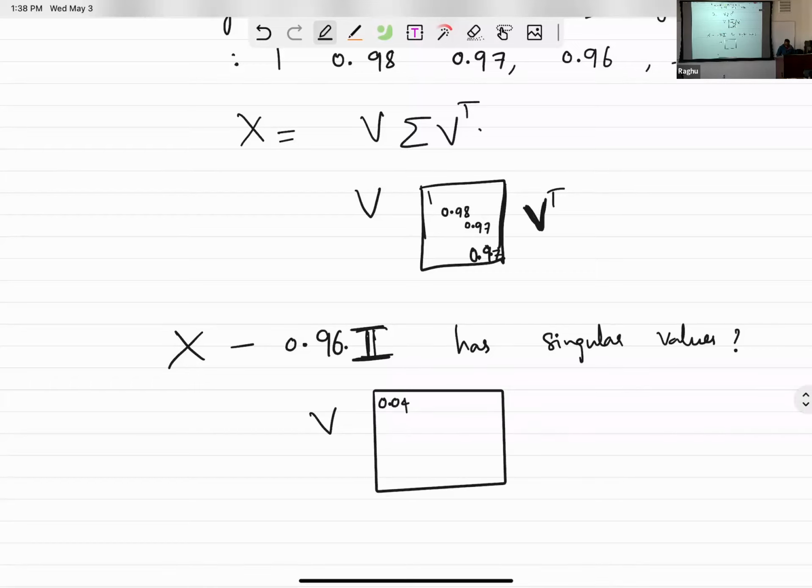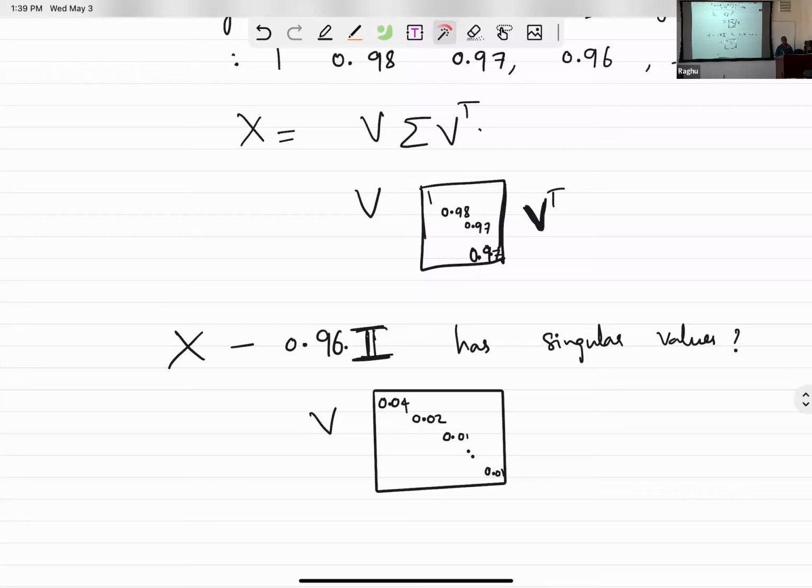So you have 0.04, 0.02, and then 0.01, and so on up to 0.01. Identity is basically, any orthonormal set of vectors are singular vectors. So I can always subtract identity, and that only translates to shifting the eigenvalues. In this case, the singular values and the eigenvalues are the same. Again, as I said, it's a very dummy example, but I want to illustrate what else you can do.